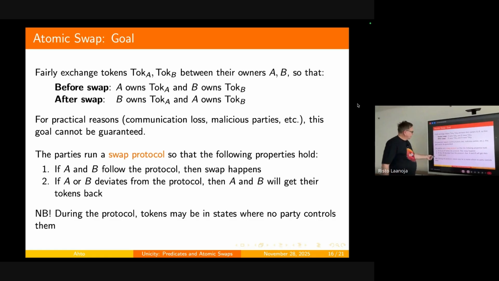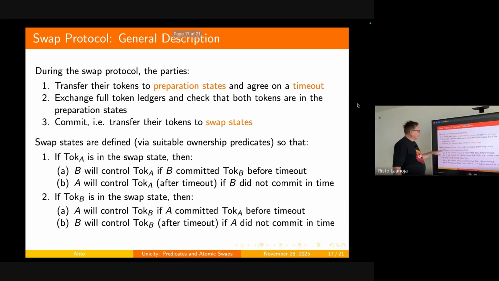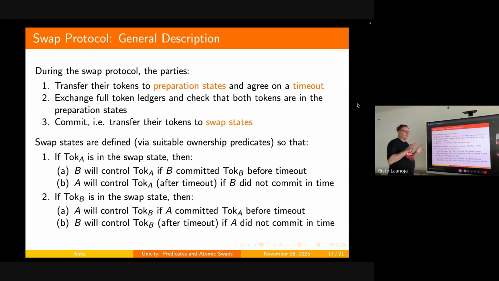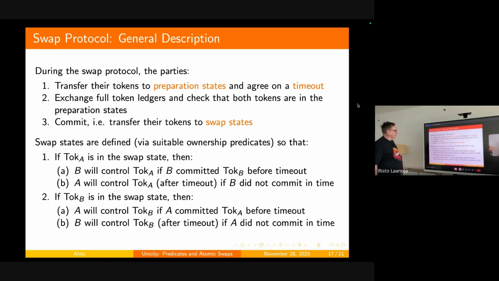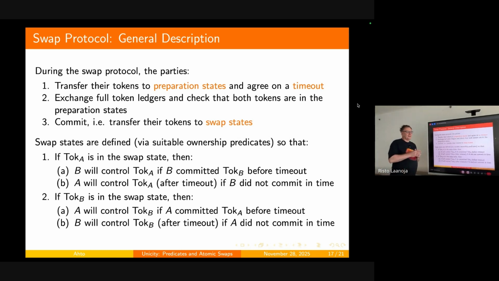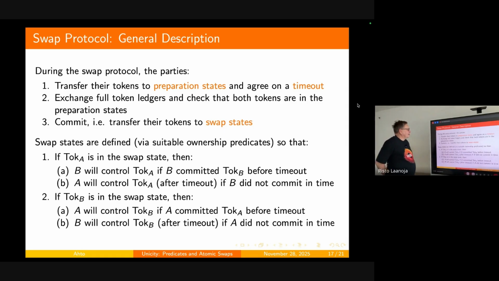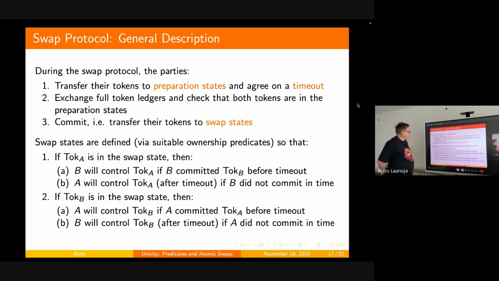And during this protocol, tokens may be in states where no party really controls them. We can't always say who controls the token, because we don't know the additional information that opening or satisfying the predicates needs.